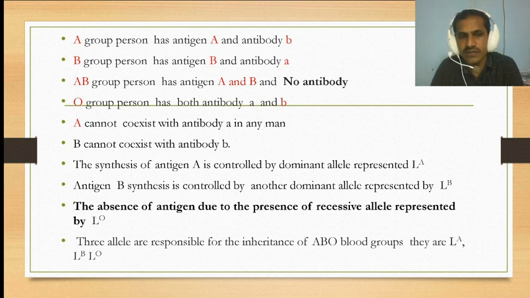The synthesis of antigen A is controlled by the dominant allele represented, because Landsteiner discovered it, as LA. Antigen B synthesis is controlled by another dominant allele represented as LB. The absence of antigen is due to the presence of the recessive allele represented by LO. The three alleles responsible for inheritance of ABO blood groups are LA, LB and LO.